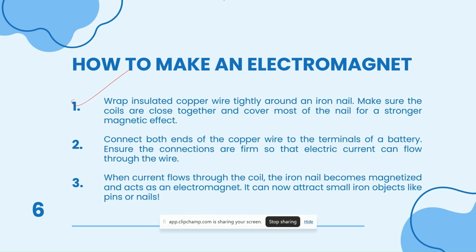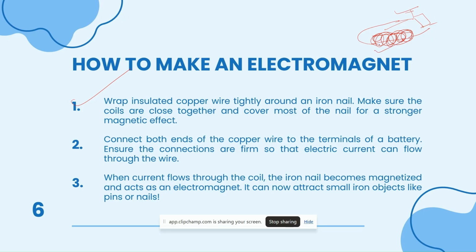So what is the electromagnet? I draw the image. It is the iron nail. I draw the electric coil around it. Then there are positive and negative charges, and we have to connect the battery here. When we switch on, current flows and it behaves like an electromagnet.